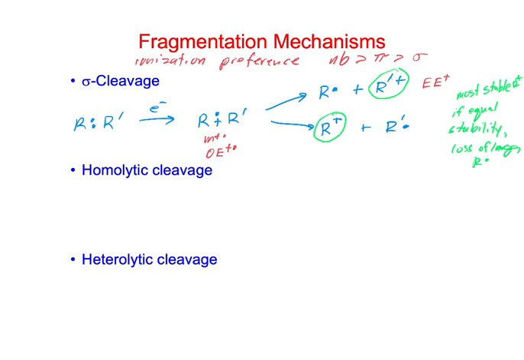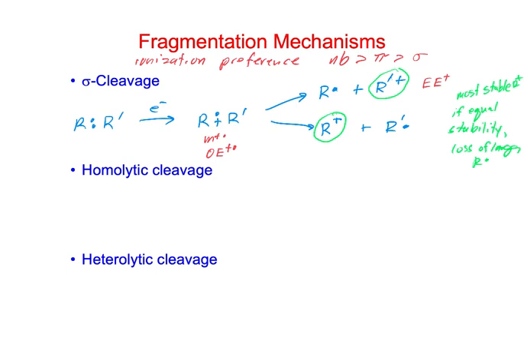I'm just saying if they're equal stability, we see more of the loss of the larger radical, but remember, these are all just competitive mechanisms taking place at the same time. We'll look at some more spectra, but like we saw before when we had an alkane, we see a bunch of different peaks, but we didn't see a lot at high mass. If we had a decane, we didn't see a lot of loss of methyl group.